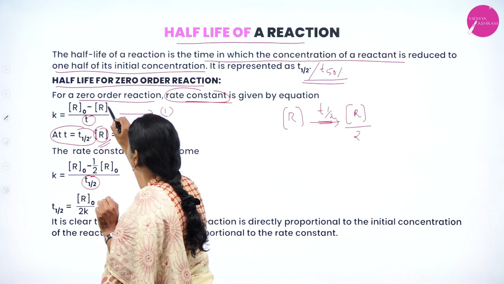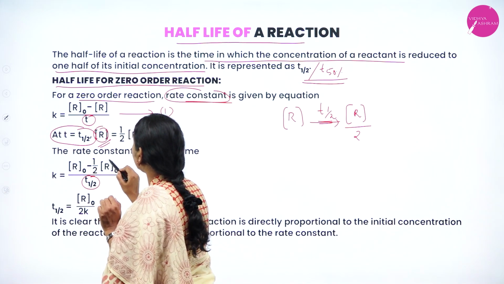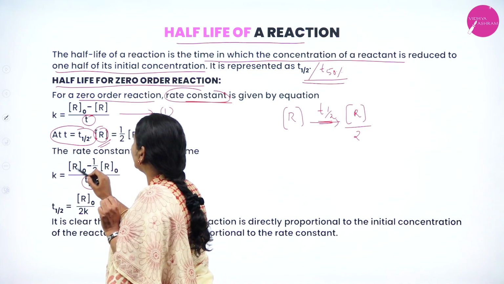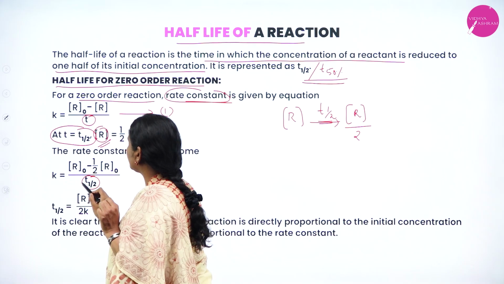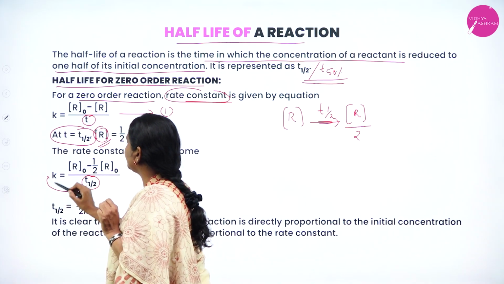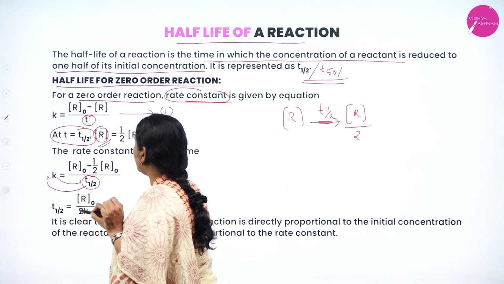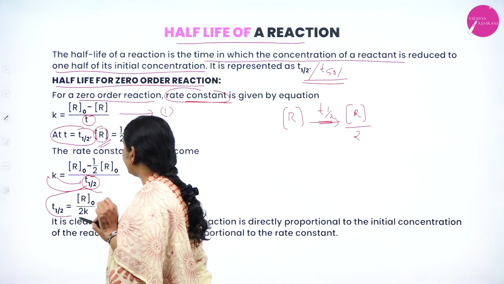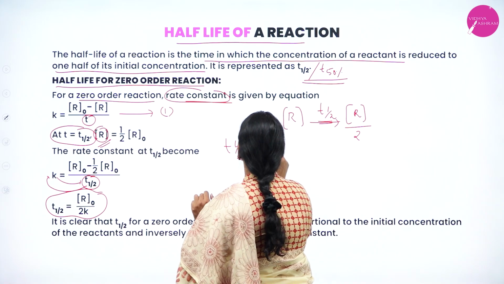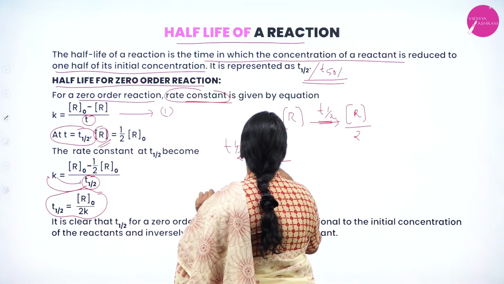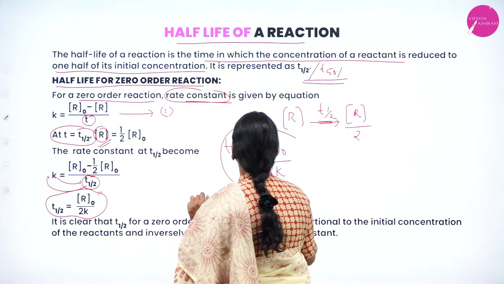In place of molar concentration of R, you put R0 by 2. So, R0 minus half R0 gives rise to R0 by 2. If I cross multiply, T half goes here, K comes here. Therefore, T half is equal to R0 by 2K.